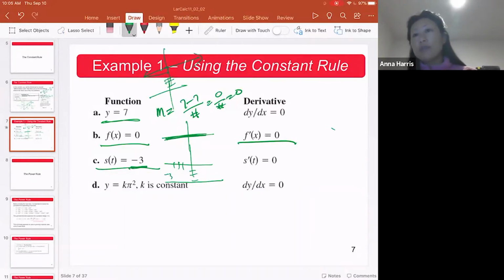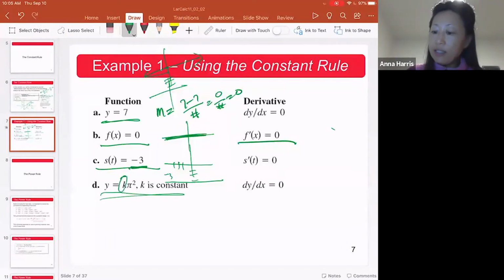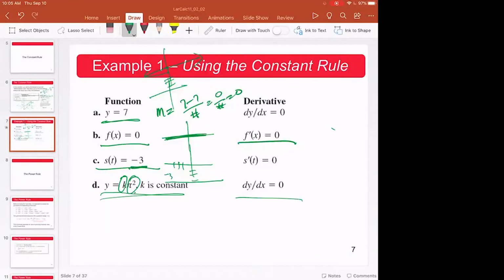So the derivative is always 0. It does not move. When you have a horizontal line like this, your slope is 0 because your y does not change. Same thing over here. K is a constant. Pi squared is also a constant, so it's a number. So again, the derivative is 0.